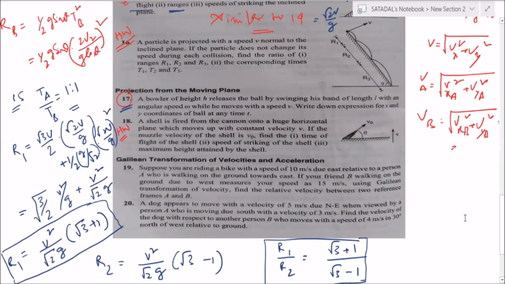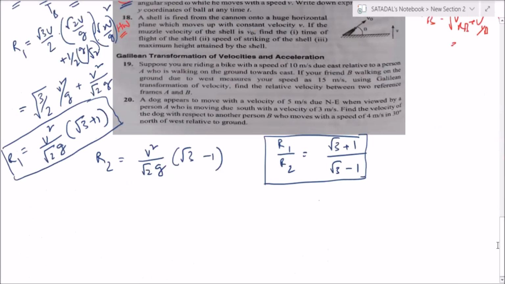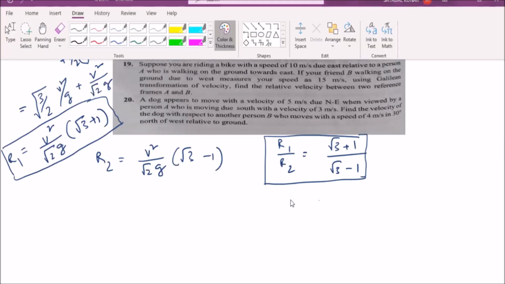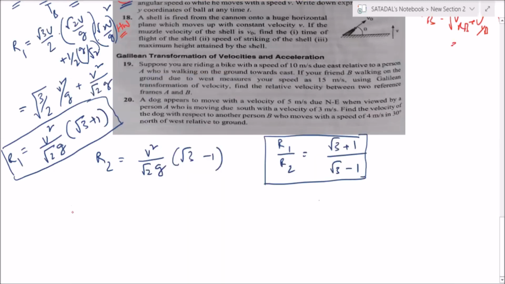Anyone done? Nobody? Chalo, we'll do it. Not a problem. See, it's not a difficult question actually. This needs a little bit of understanding of the situation and a little bit of knowledge of what happens in cricket. So suppose a bowler is delivering a ball.